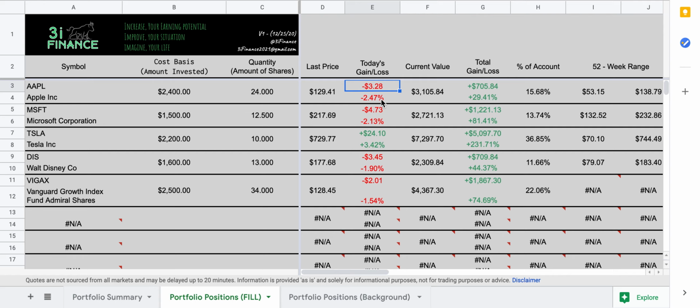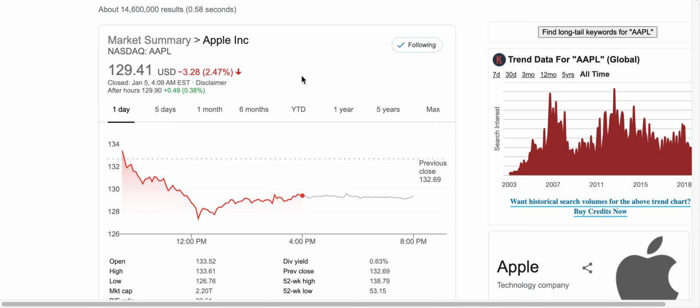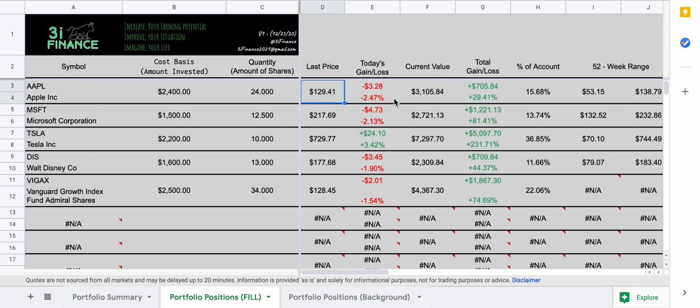For example, to show you all that the information displayed is consistent with the information on Google, we will use Apple as an example. So if you were to Google Apple stock or AAPL, Apple's ticker symbol, you'll find that Google pulls up that Apple stock was last traded for $129.41, which is consistent with our spreadsheet here.